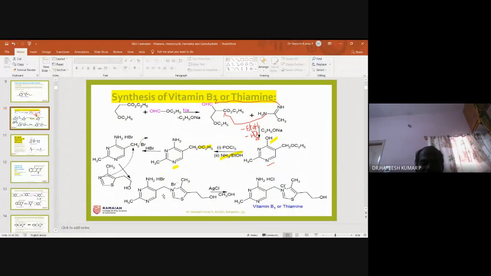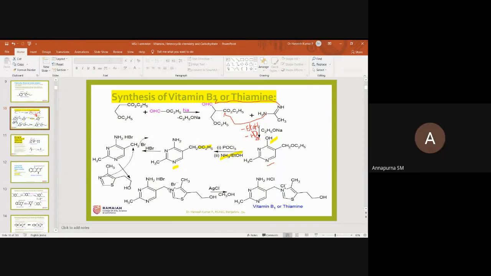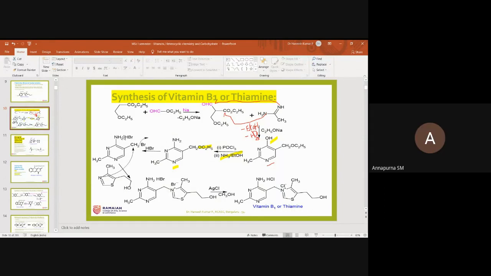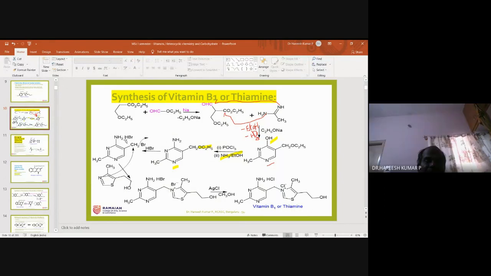The obtained salt is NH2HBr. How is it formed? NH2 is a base that will react with one more equivalent of HBr. That is the reason NH2HBr is formed.